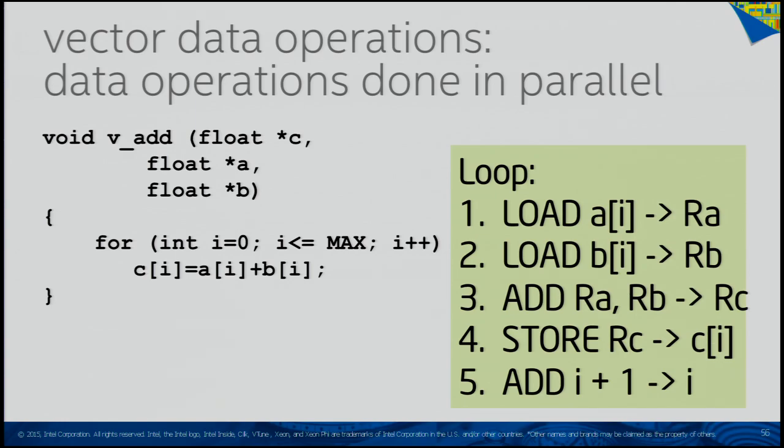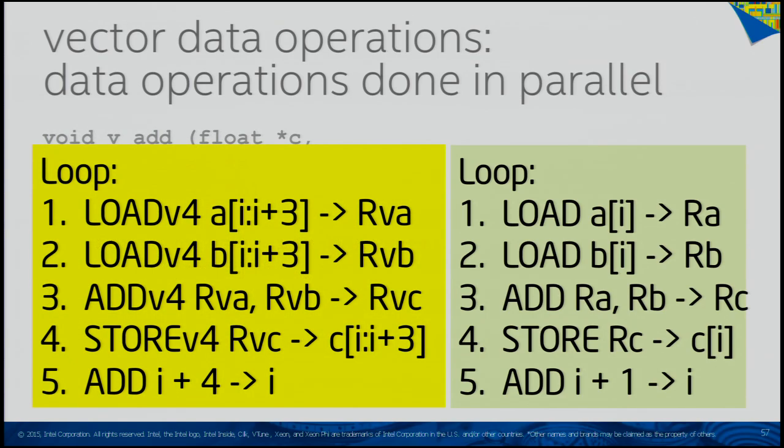That's actually what the language says I should do. And to vectorize, here's what I want to do: load 4 things from A, 4 things from B, add 4 of them in parallel, store 4 of them back, and then increment my index by 4.